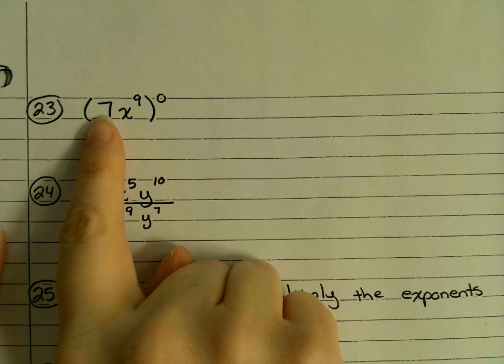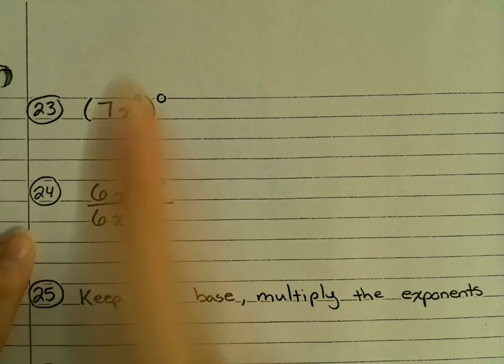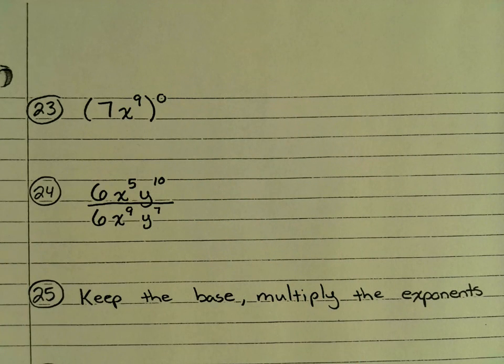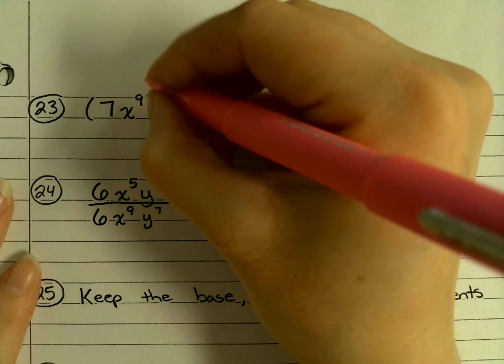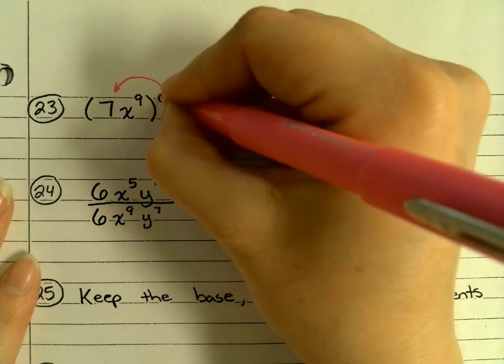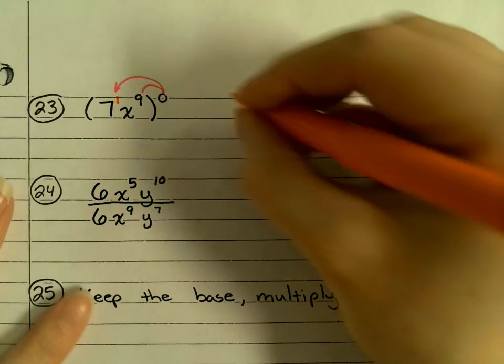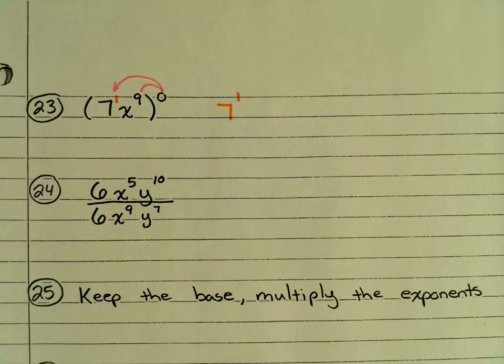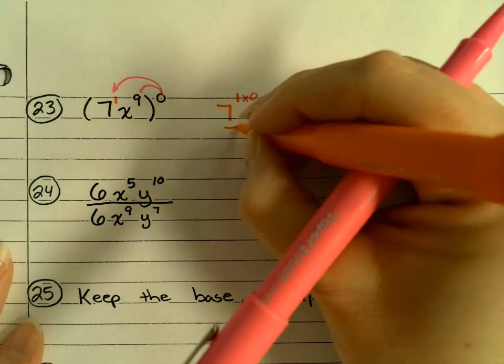Okay, we have 7x to the 9th, all of it to the 0 power. So remember, if we distribute that 0, we're going to distribute it to each of the exponents. Right, so 7 currently is to the first power. So if I take 7 to the first power and then multiply it by 0, that's going to give me 7 to the 0 power.